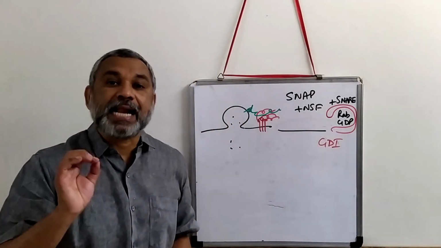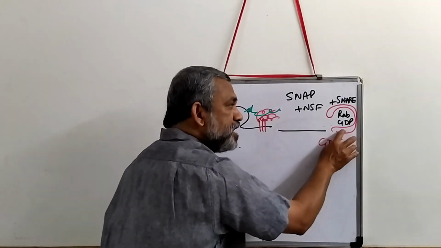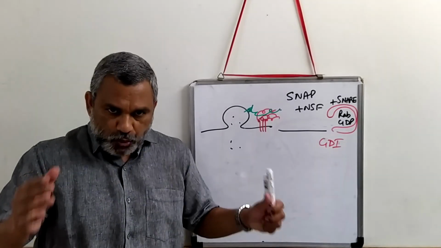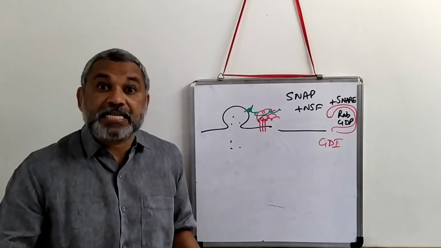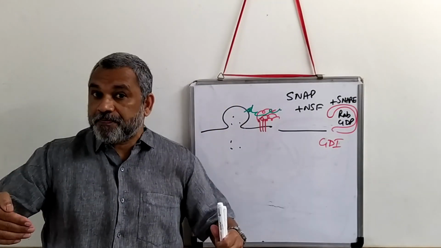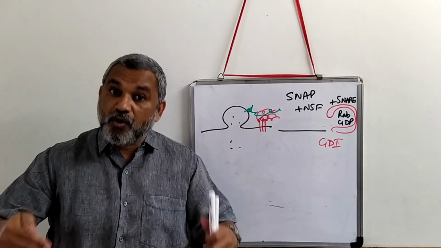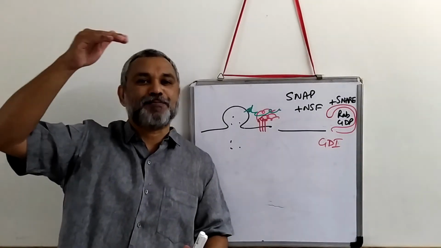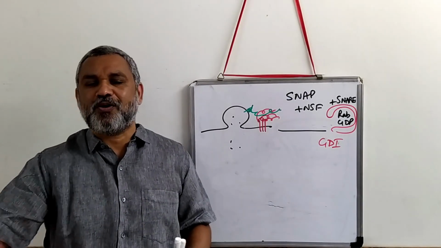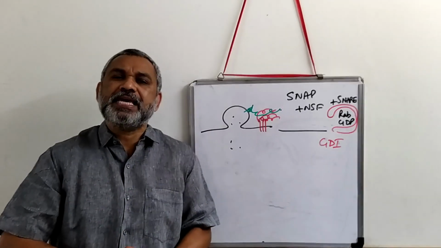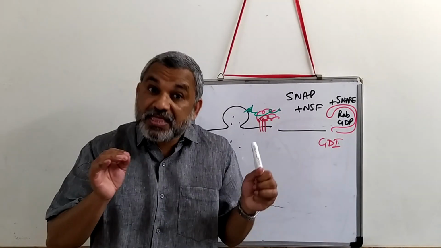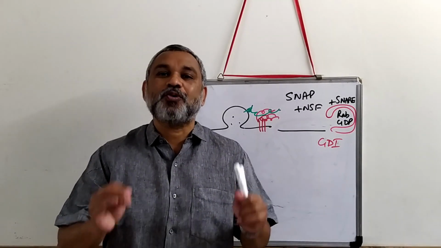The RAB dissociation inhibitor binds to this, and that will ensure that the RAB GDP is soluble as well as inactive in the cytoplasm. Now the SNARE proteins can be picked up along with the membranes by the COP1 coated vesicles, and they are transported back into the endoplasmic reticulum in order to carry out the next round of reactions. So this is how the entire process of intracellular transport happens with the help of COP2 coated vesicles.